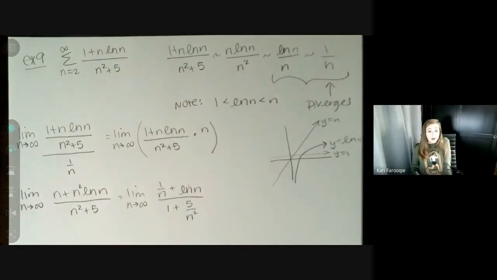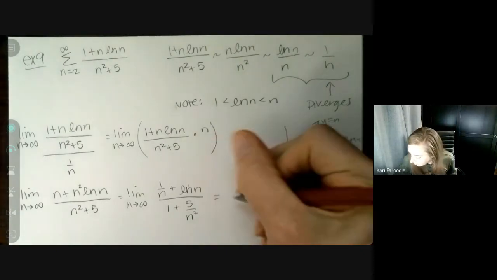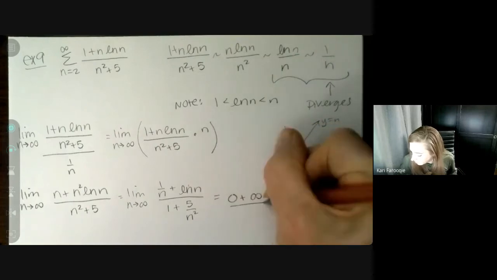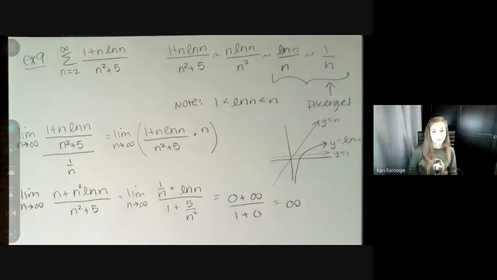So when you're trying to take the limit as n approaches infinity, this is sort of your goal here, is to get your terms written sometimes as ratios where you have a constant in the numerator and variables in the denominator. And then what you're going to see here is that you're going to end up with 0 plus infinity divided by 1 plus 0, which is infinity.